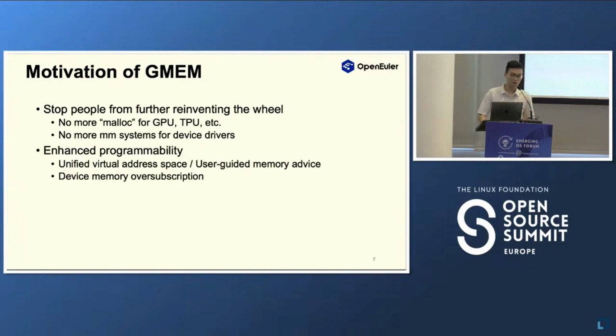Secondly, we want to enhance the programmability of accelerators, as we are going to provide a unified virtual address space so that your pointers can be shared between your CPU and accelerators. At the same time, we will allow your application to oversubscribe device memory, so that you don't need to write any extra code. You can even use 1 terabyte of memory even though your HBM is only 30 gigabytes.